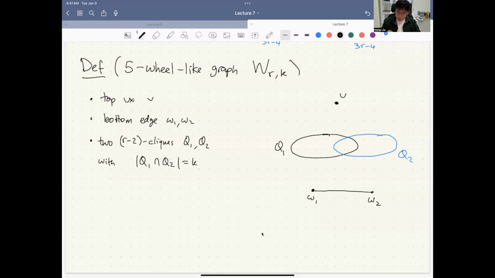So here, the intersection. And then we have all the edges from V. V is completely joined to Q1 and Q2.